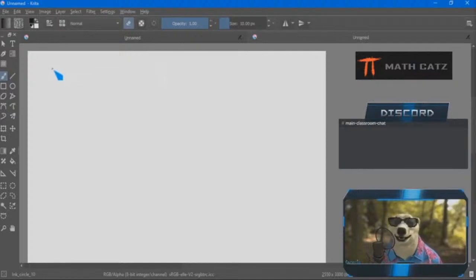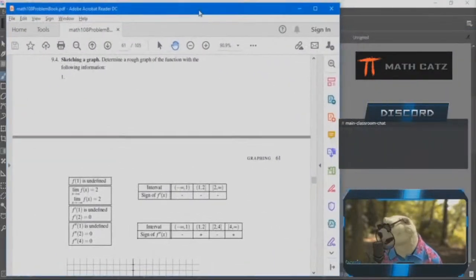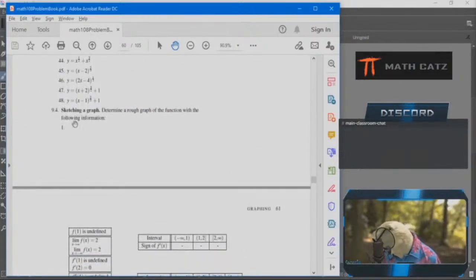So let's just look at, whoopsie, eraser mode randomly. Problem 9.4. We're looking at, well, might as well just do number 1. So I'll just show you what it looks like, but I'll copy the information. It's at the very bottom of page 60 where the problem number starts.